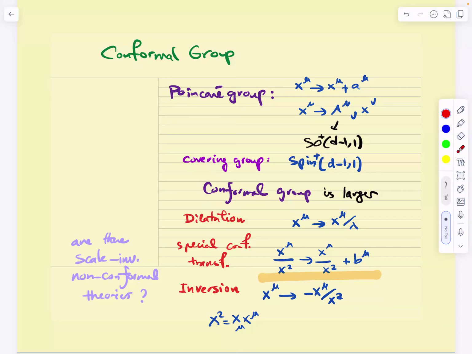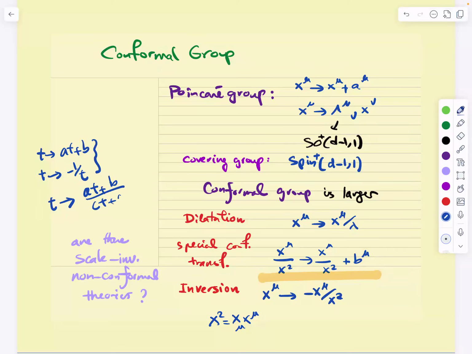and dilatations and translations will generate the group t going to a t plus b. The analog of inversion is t going to minus 1 over t. Putting these together, inversion, translation, inversion back, will give you, as a symmetry, a special conformal transformation. If you put all of these together, you get this as a symmetry.